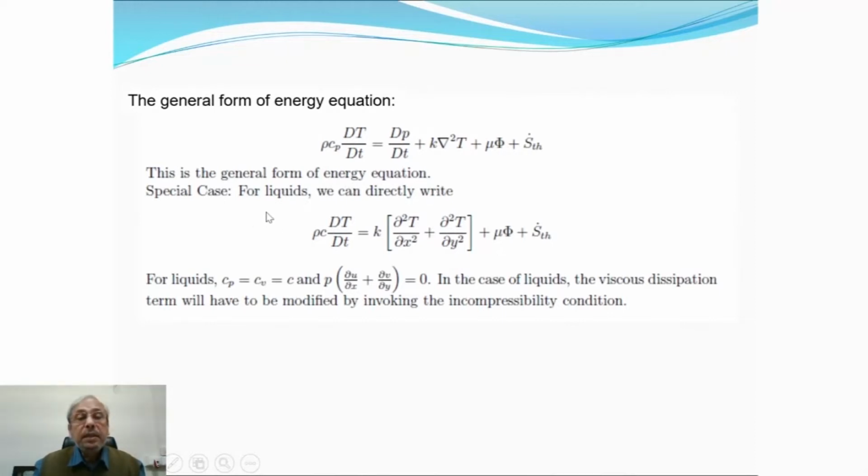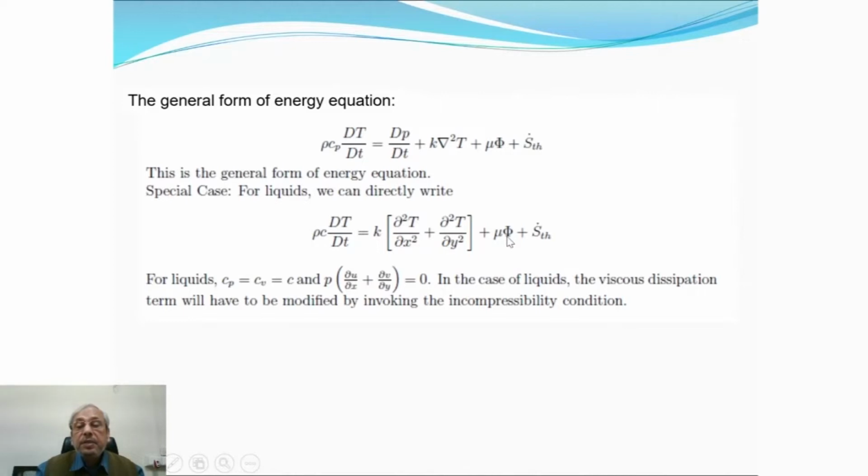A special case is where rho Cp and Cv are the same, for liquid. So rho C, again the total derivative of temperature, equals K grad square T plus mu into phi. This is also viscous dissipation plus thermal energy generation rate.